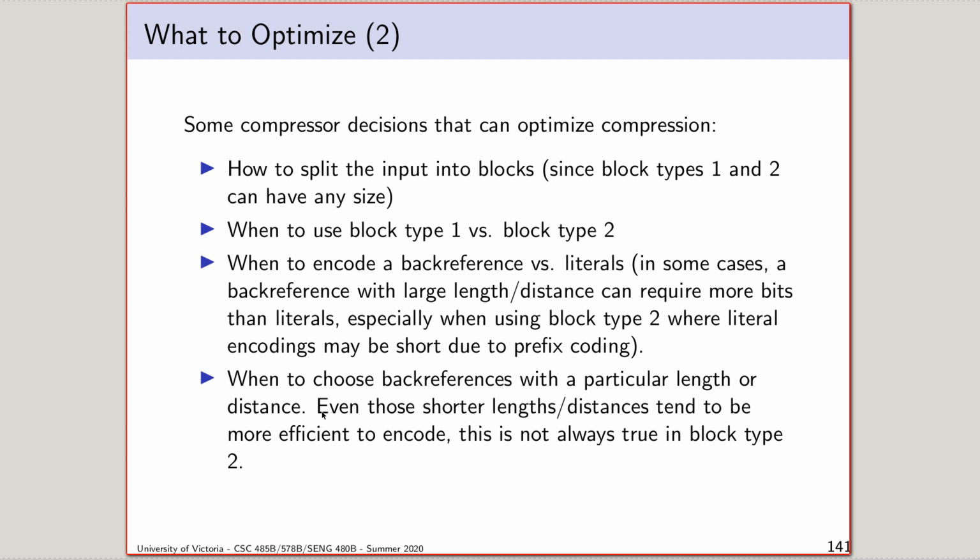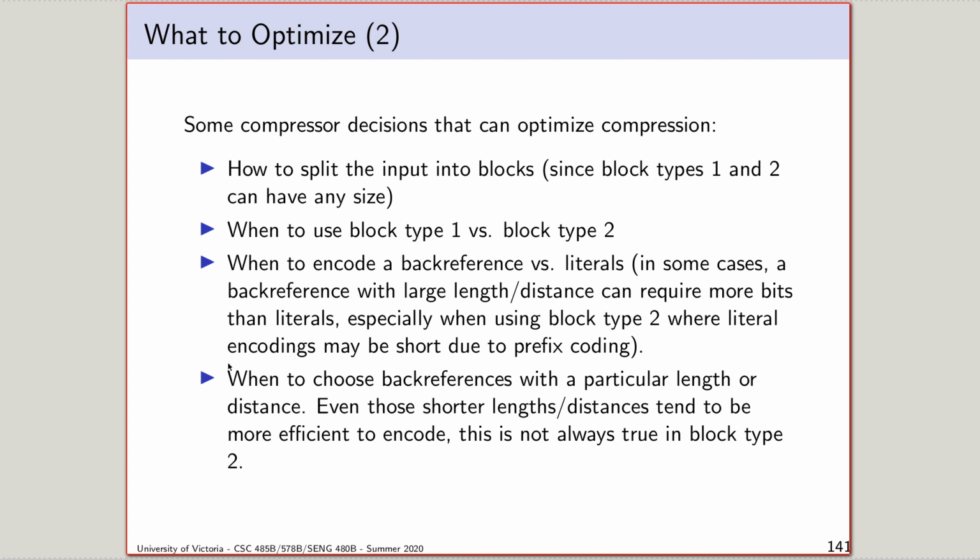And so it becomes a funny Nash equilibrium in a sense, where if you're able to find 10 back references of a certain long distance, maybe they become more efficient. But if you only have 5 of them, it's better to use literals. That's a really, really ugly optimization problem. And if you make any progress on a problem like that, even as a toy example on the assignment, you can get some marks out of that.